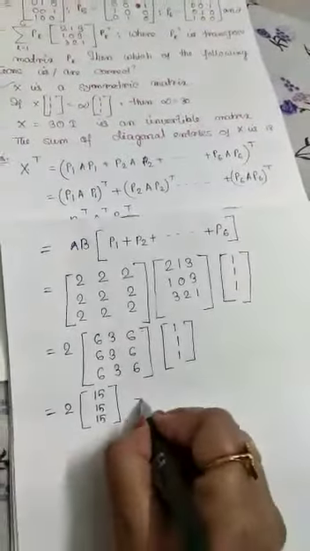Now getting to option C. We know XB is equal to 30 of B. That implies X minus 30 into I, times B, is equal to 0.